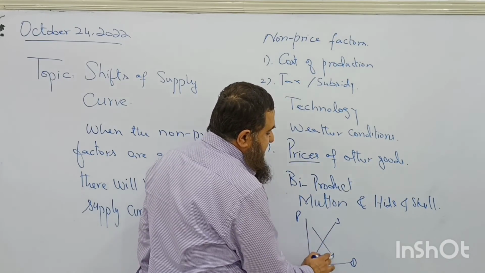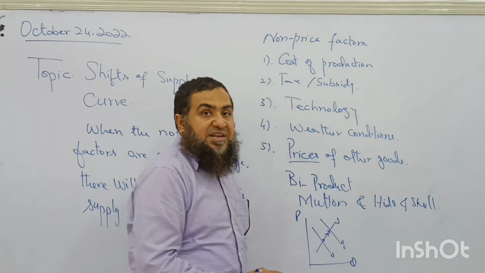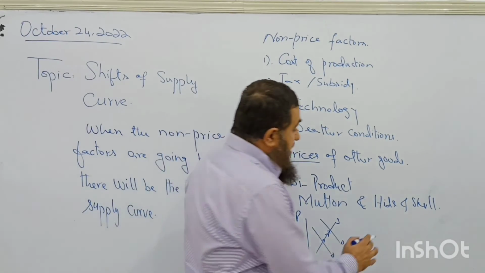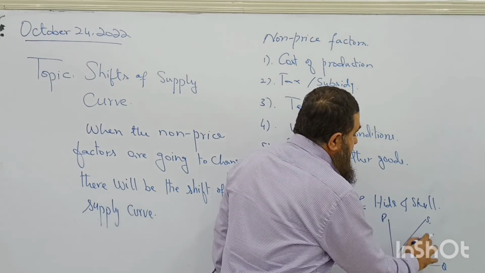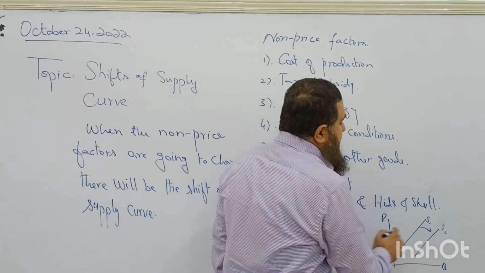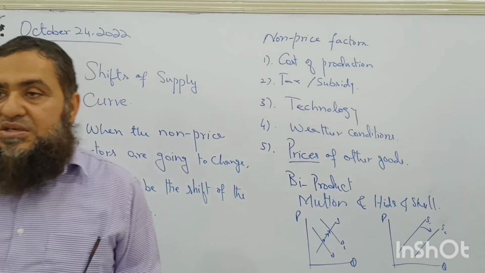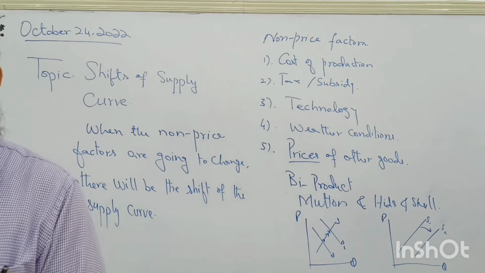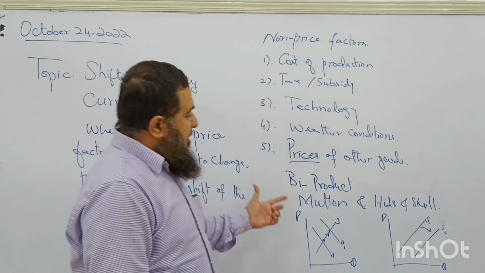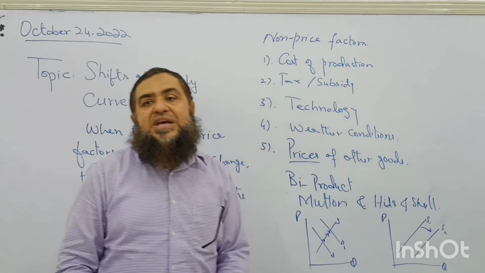Due to increase in its demand, along the curve, its supply will increase. But on the other side, what is happening? The supply of hide and skull will shift rightward because more sheep are slaughtered. So supply of hide and skull will increase in the market. This is called a byproduct. The price of mutton has increased, and the supply of its byproduct as well.